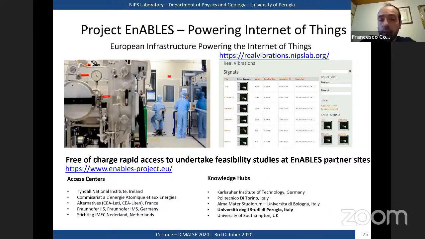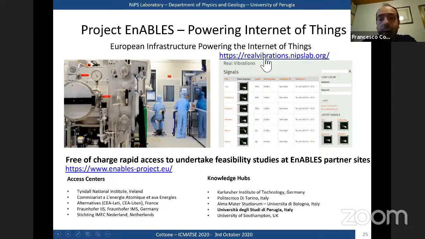So this is a platform to enable research on powering the Internet of Things, so energy harvesting, energy storage, and also power management. If you have to do some research on materials for energy storage, for example, for batteries or supercaps or energy harvesting systems, mostly researchers and students or PhD students can just make a subscription and exploit it.